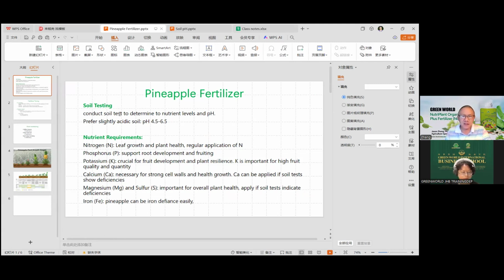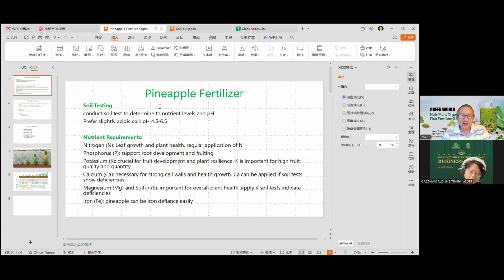So this is pH. Second is nutrients. The nutrient requirements, we have NPK, Ca, Mg, Fe. These are all the major macronutrients or micronutrients. These kind of apply to all the crops.